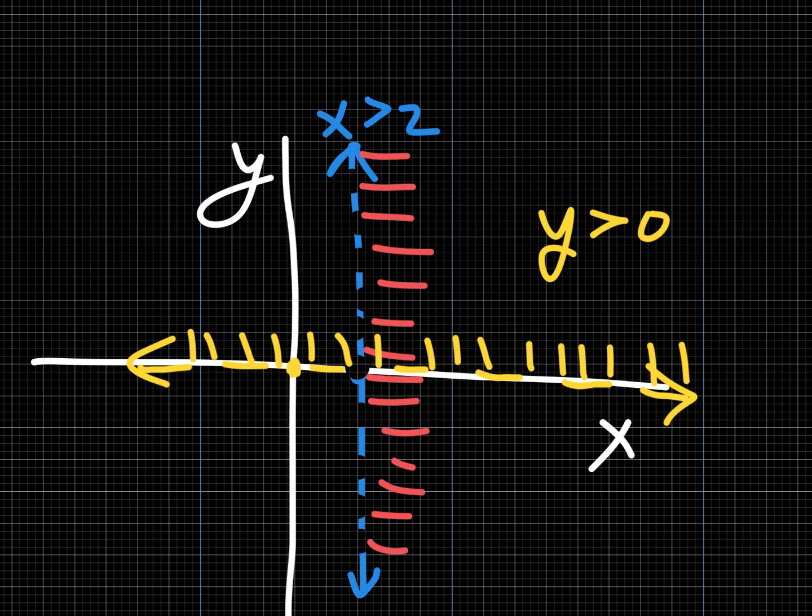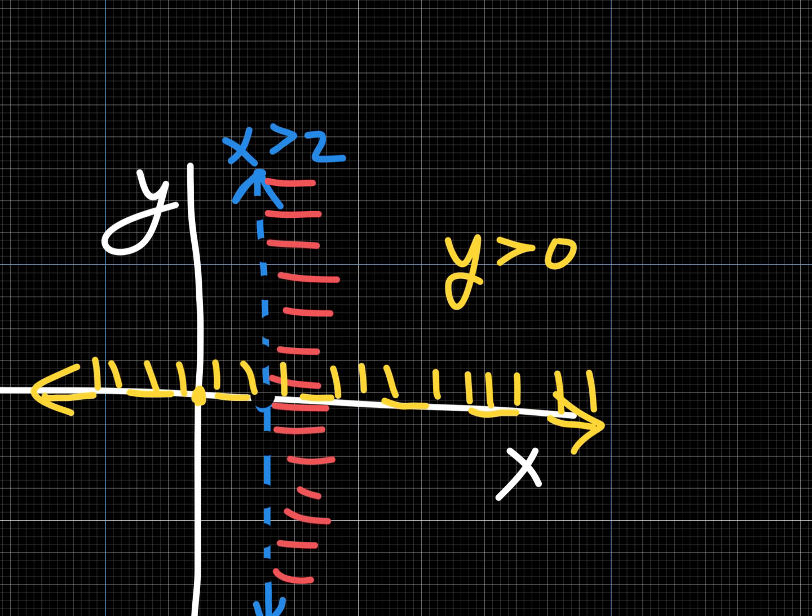Okay? And now the last kind of equation that you have to graph is something that you haven't graphed much since like 6th grade. y equals negative 2x plus 8.